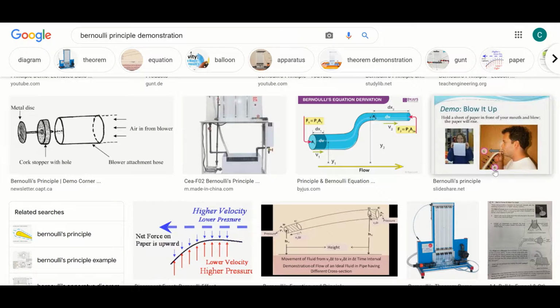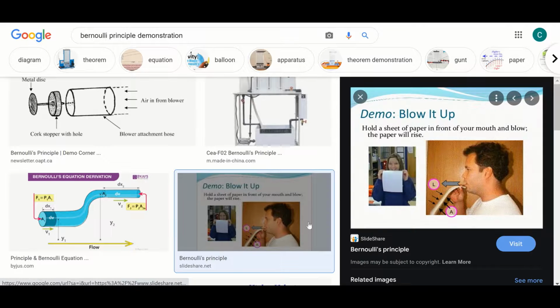Here's one of the examples. I'm going to try and find an animated example of it. If you have a piece of paper and you hold your mouth over it, and you blow over the top of the paper, it will actually lift up, because of the air flowing over the top of the paper. It'll just lift up and kind of flutter.